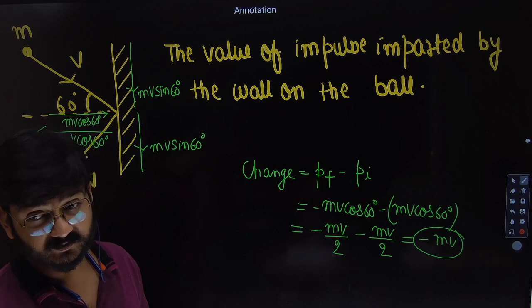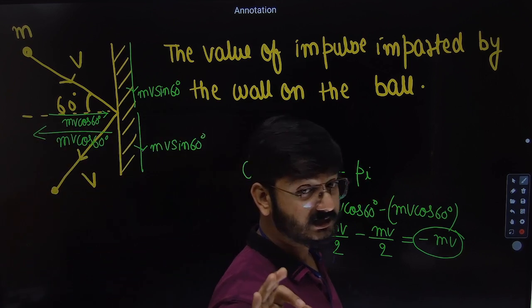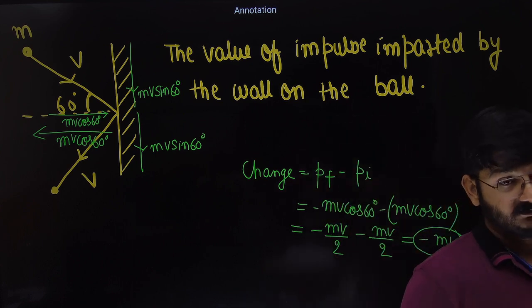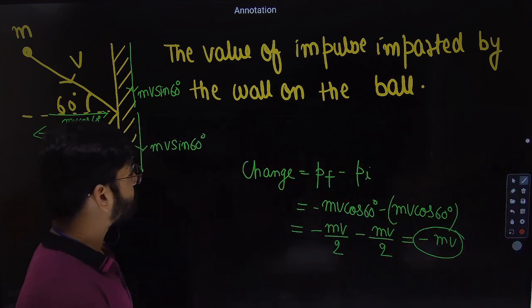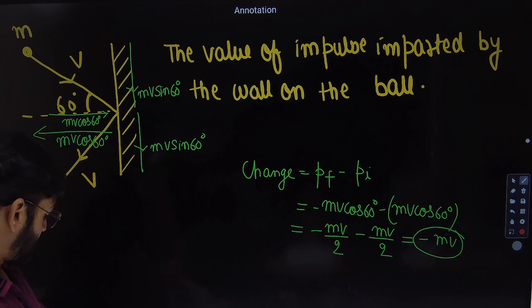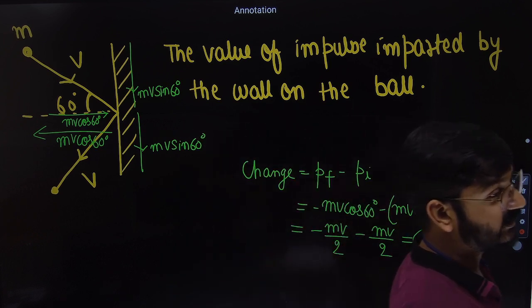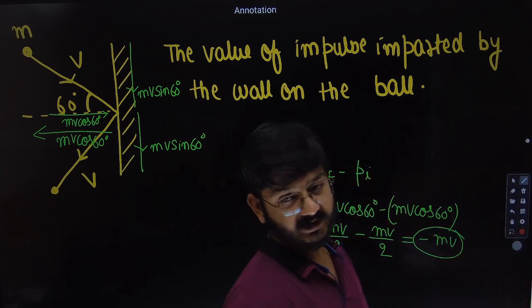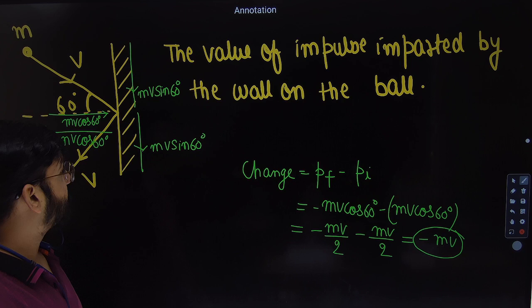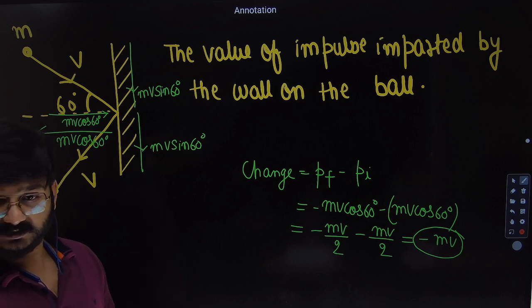We will use this statement in the topic called collision. Make a note of this. There is no impulse parallel to the reflecting surface. Impulse is always experienced perpendicular to the reflecting surface.